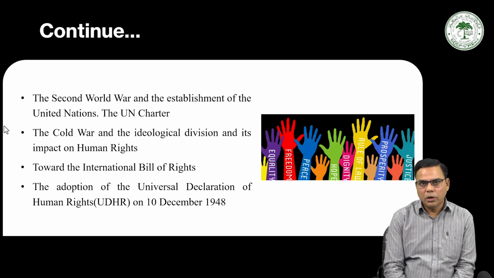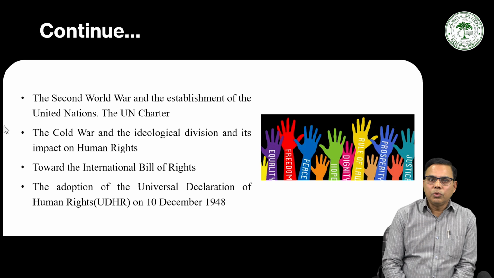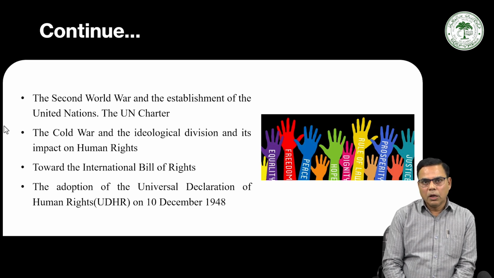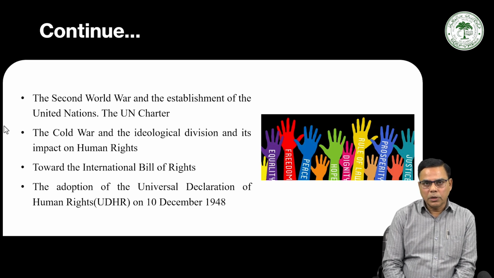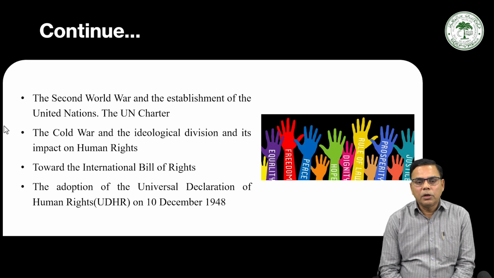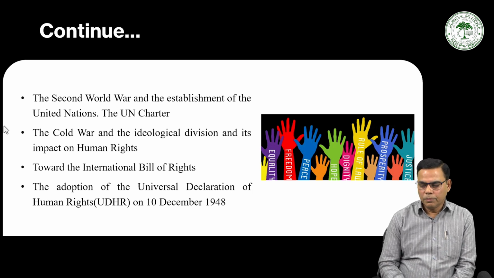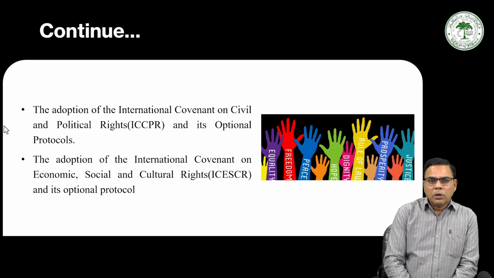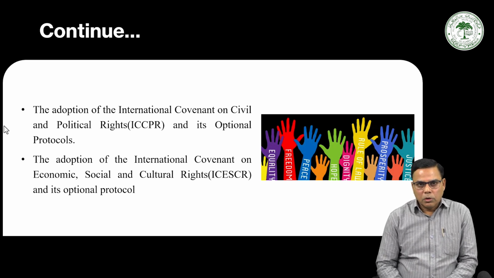UDHR was only a declaration, so that is why it does not have an implementation mechanism. But now two legally binding international covenants were adopted by the United Nations in 1966. The first was the International Covenant on Civil and Political Rights, or what we call ICCPR, and its optional protocols.